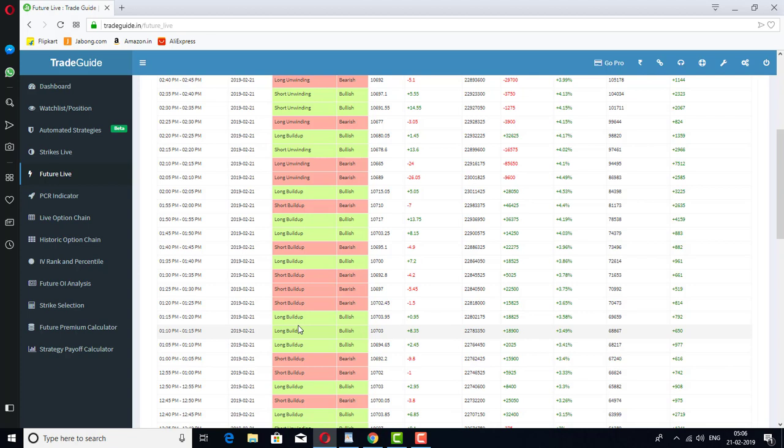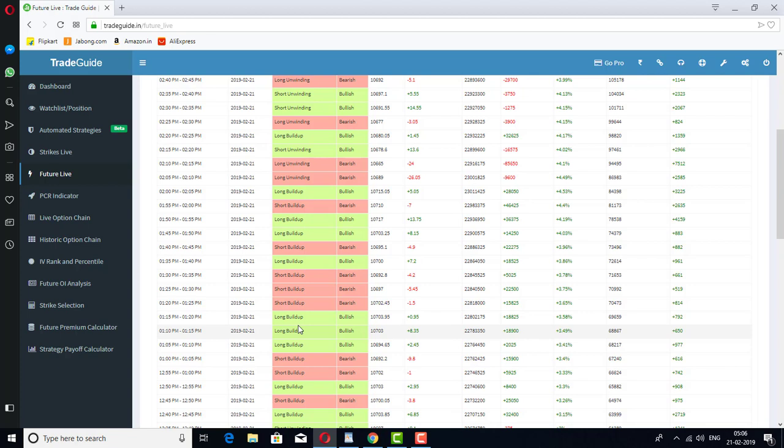After that, we come to long unwinding. Suppose I have bought an option or a share, so I have created a long position. Now in order to take profits, I have to square off my position. When I square off my position, I do selling.